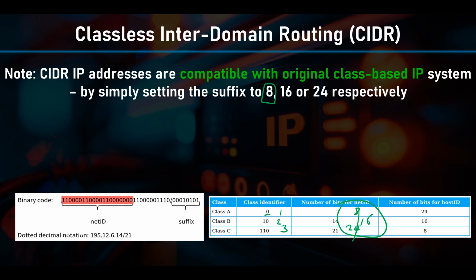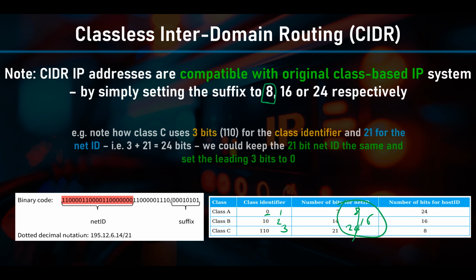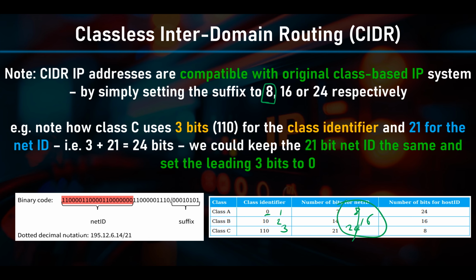then effectively we can create something that's equivalent to class A, class B, class C, but we can do that using CIDR notation instead. And I think here this just says the same thing.